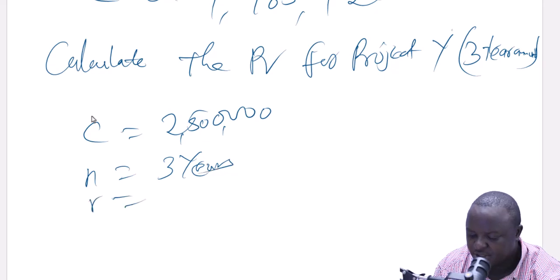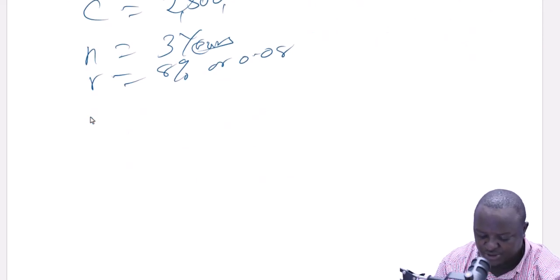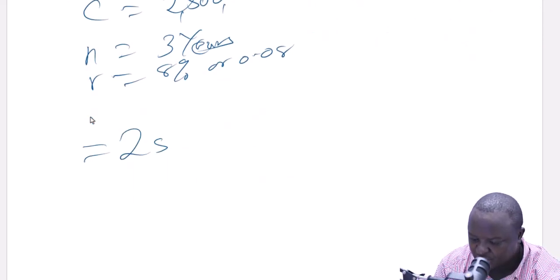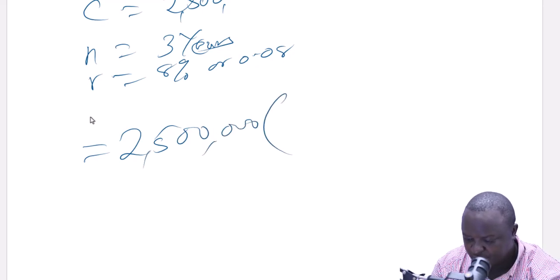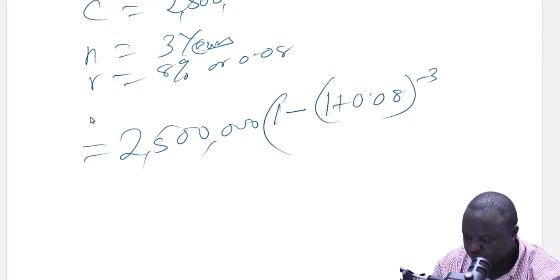Of course, the rate is still 8% or 0.08. So if we use the same formula, we are going to have 2,500,000 into brackets 1 minus 1 plus 0.08 raised to power negative 3 over 0.08.